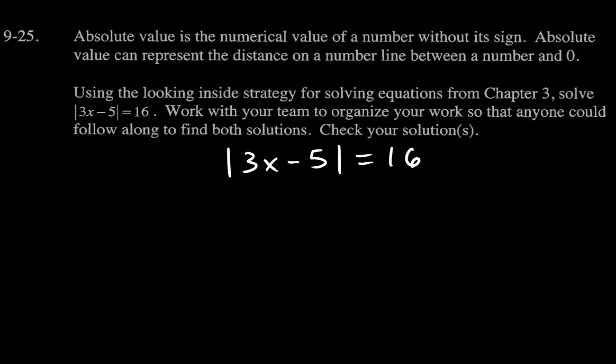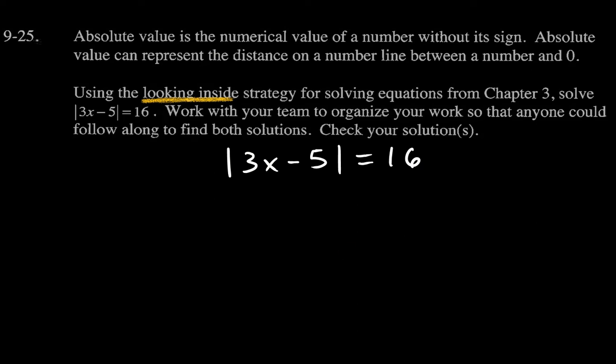And we're going to be using this thing called the looking inside method. The thing that I know is this thing that's inside, this 3x minus 5, can be one of two things because I'm going to be taking the absolute value of 3x minus 5 and getting the number 16.